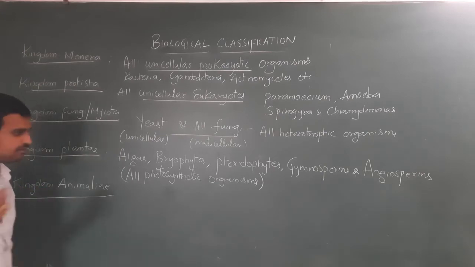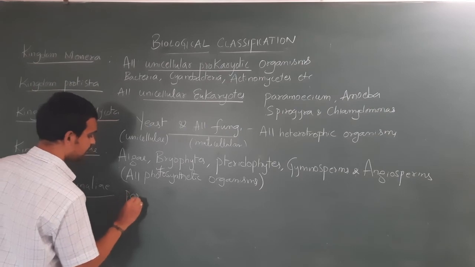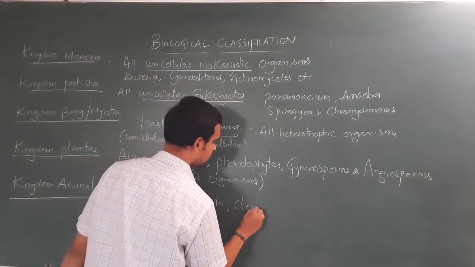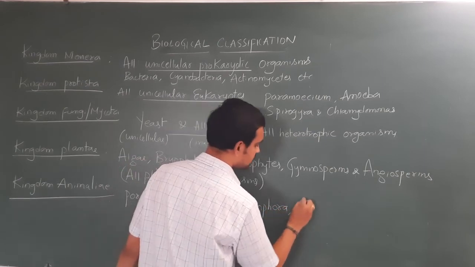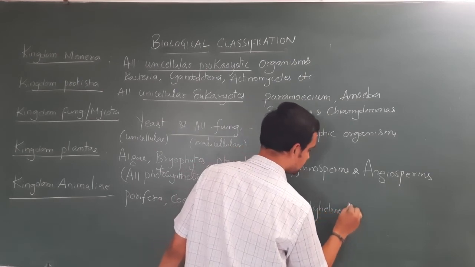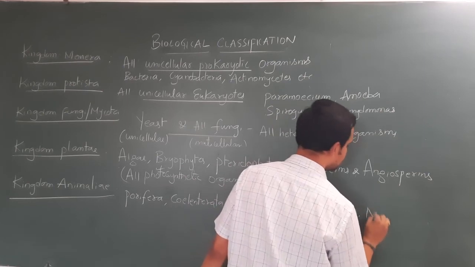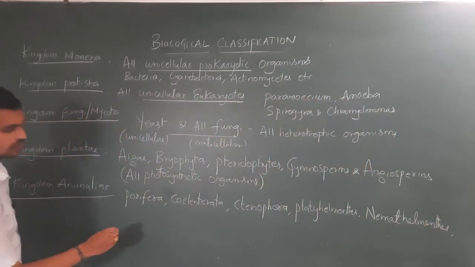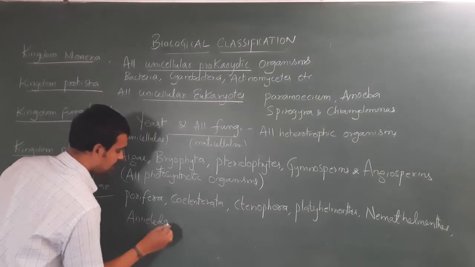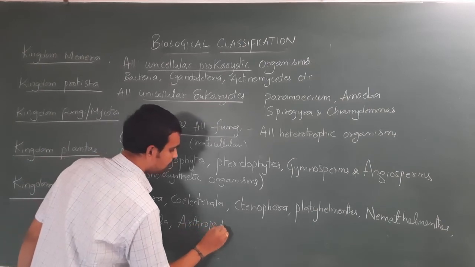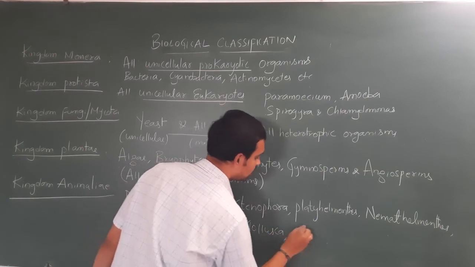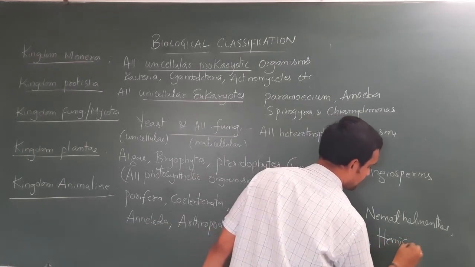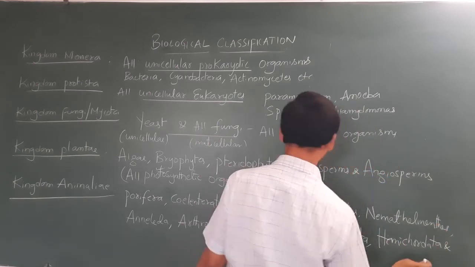They are Porifera, Coelenterata, Ctenophora, Platyhelminthes, Nemathelminthes, Annelida, Arthropoda, Mollusca, Echinodermata, Hemichordata and finally Chordata.